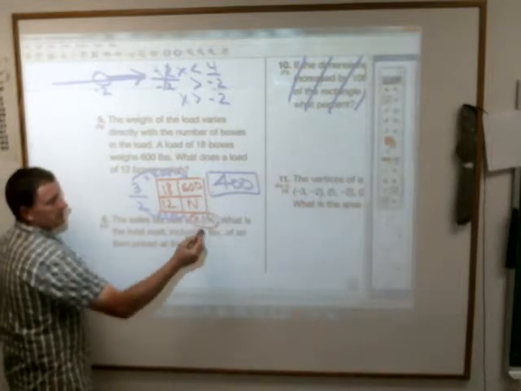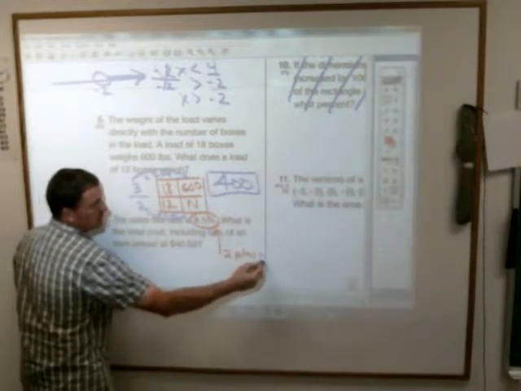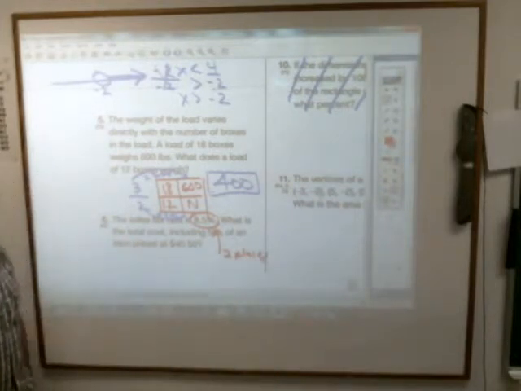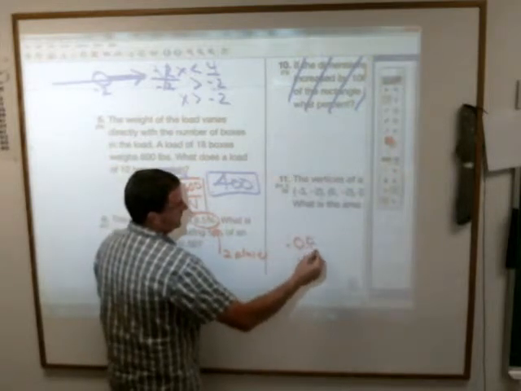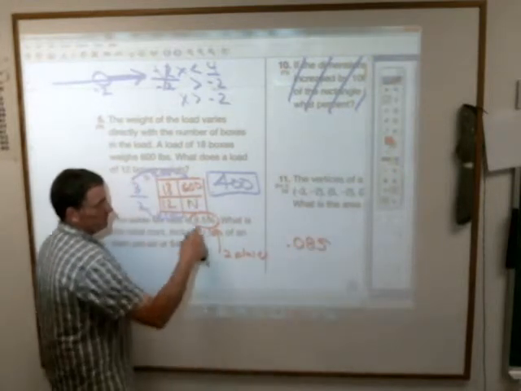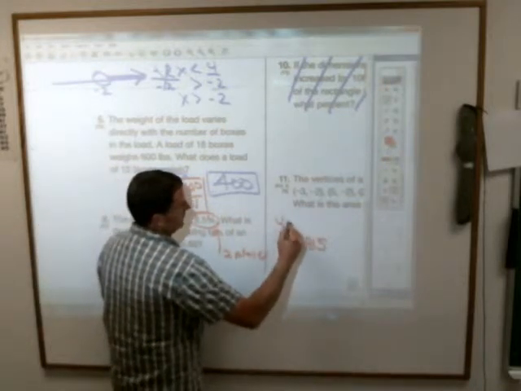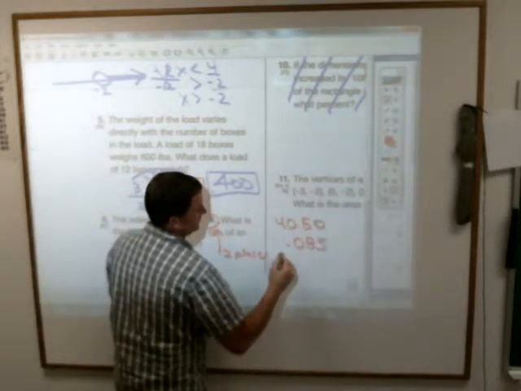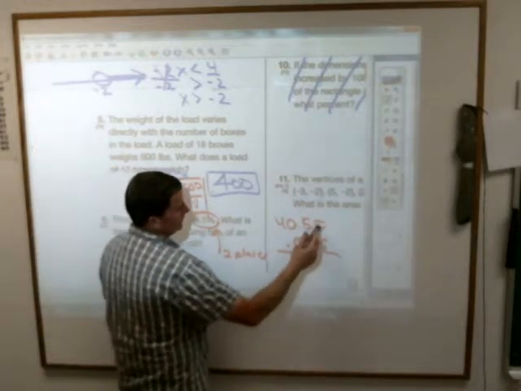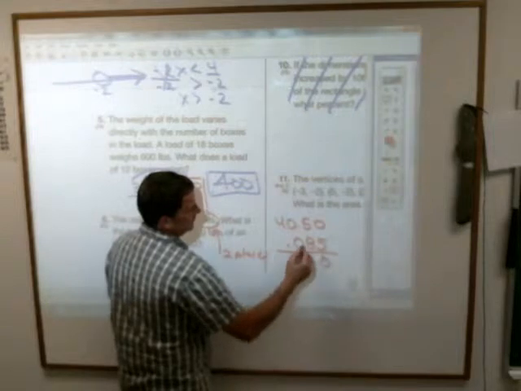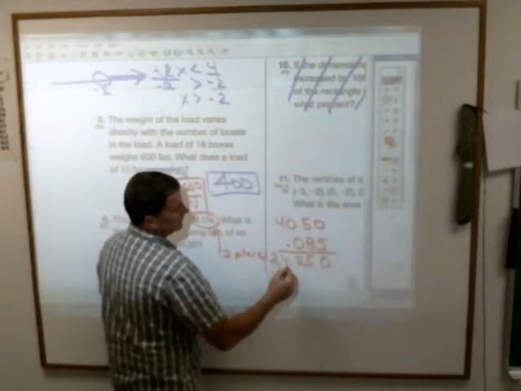To change percent, you need to move the decimal 2 places. 8.5% as a decimal is 0.085. Back it up 2 places, and you're multiplying that by $40.50. Just keeping this all straight, Kyle, is probably going to be an issue. 5 times 0, 5 times 5 is 25, 5 times 4 is 20.